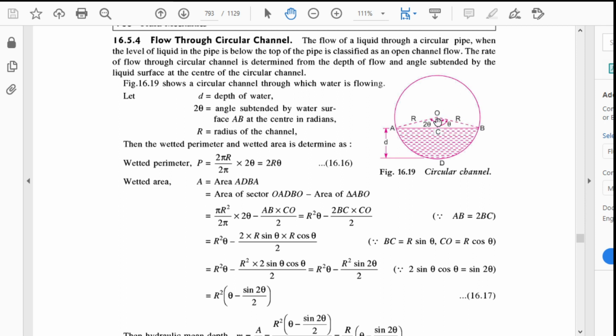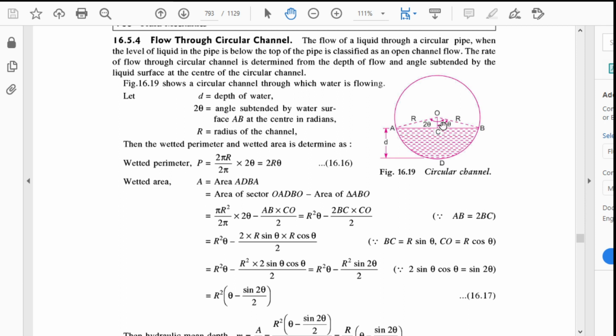That angle is 2 theta and half of that angle is theta. Here you can see this angle is theta, and the whole angle subtended by the water surface ACB at the center of the pipe is 2 theta. This angle is in radians.